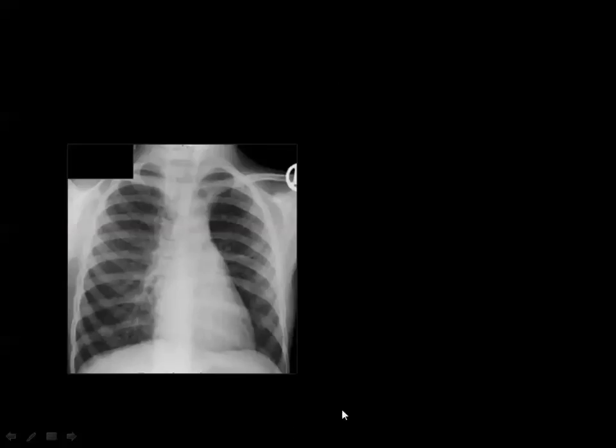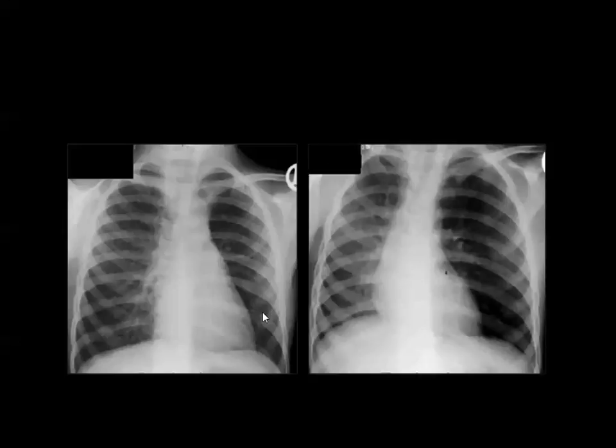And here is the hyperinflated left lung, and if you have the chance to have an inspiratory film and an expiratory film, it is good so that you can be sure that there is air trap. And air trap is one of the manifestations or good findings in the chest X-ray to support your diagnosis of foreign body inhalation.